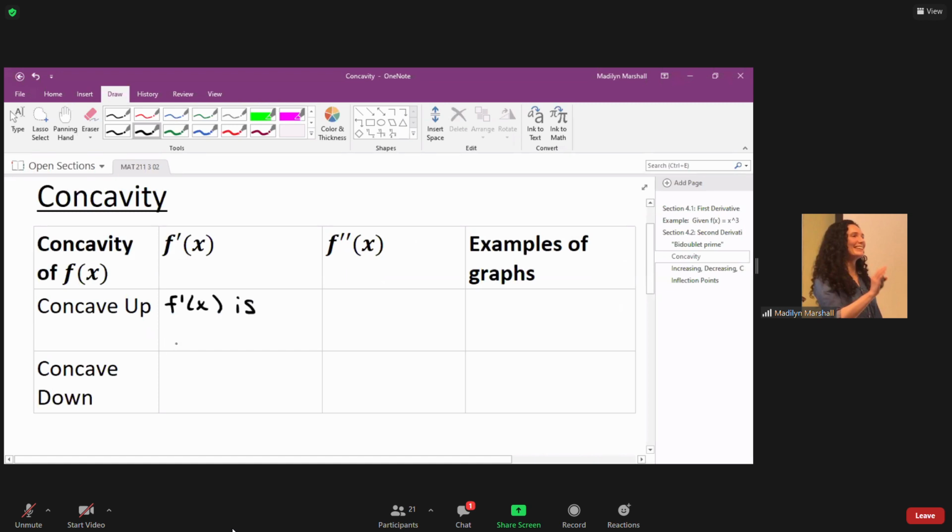On the previous page, we said that a graph is concave up if f prime is increasing.